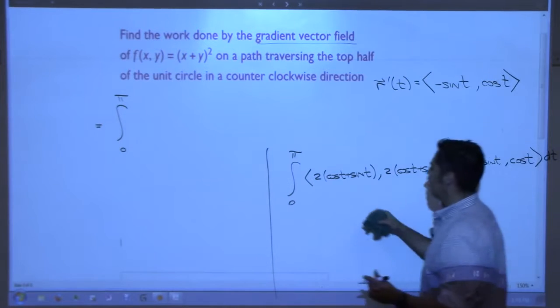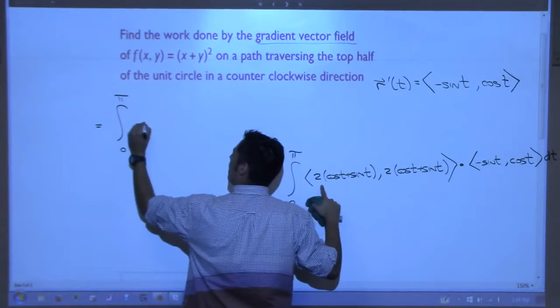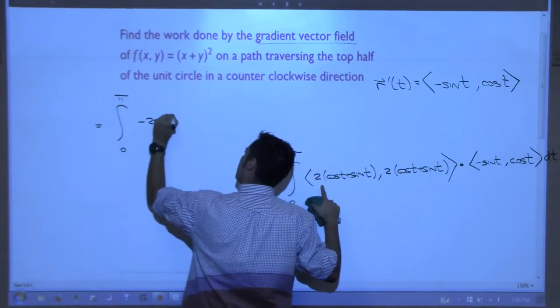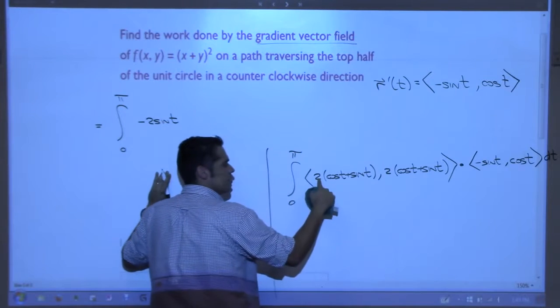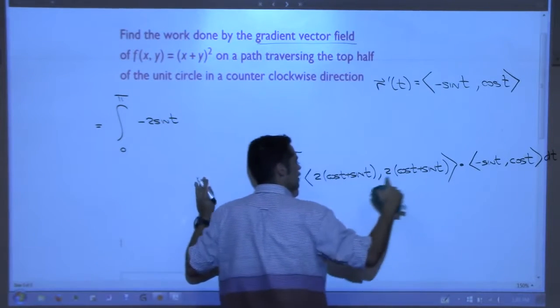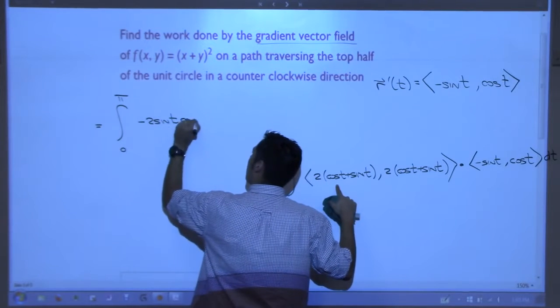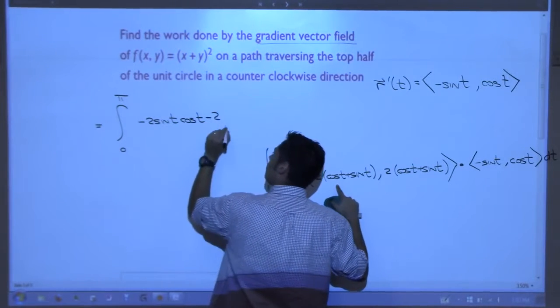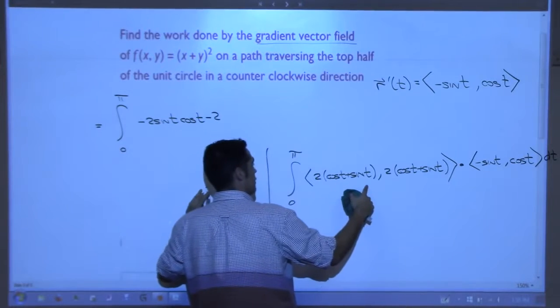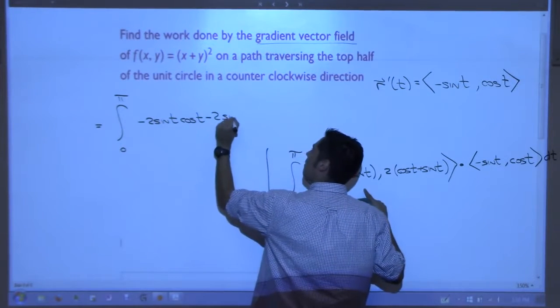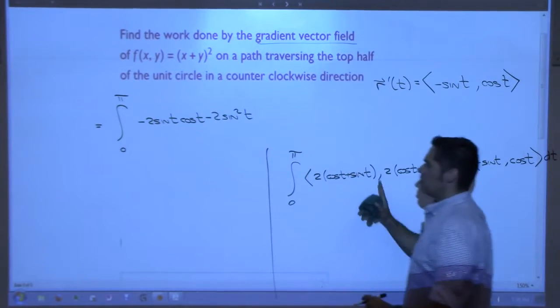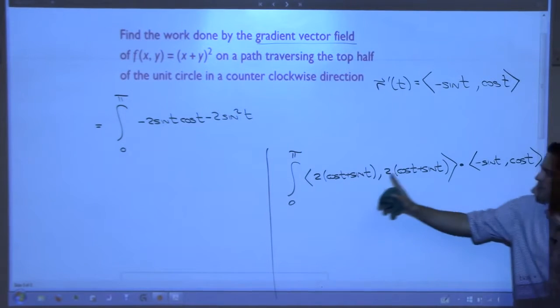How about I do this? I'll make it negative 2 sine t. That's the 2 times the negative sine t. And then I'm going to distribute it through. So cosine t and then negative 2, what? Sine squared t. That's what you get when you multiply this one times this.